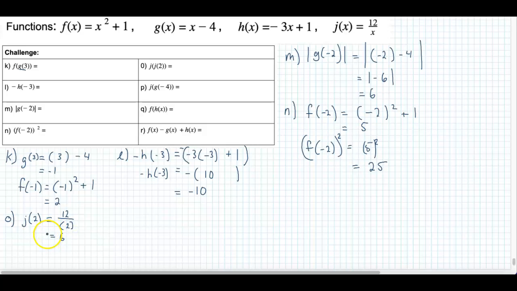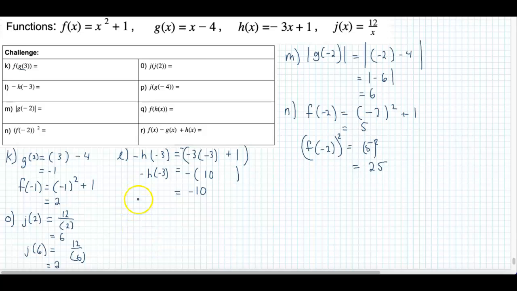So j of 2 is 6, and I can skip to say j of 6 is equal to, what is j of 6? It's 12 divided by the input, which is 6, so we get 2.